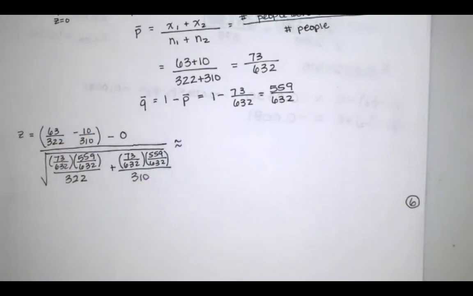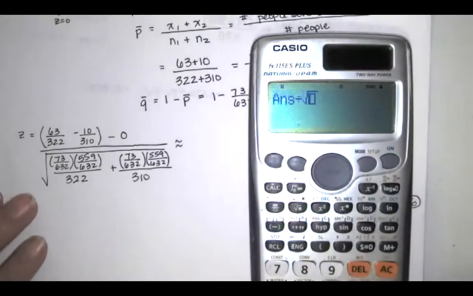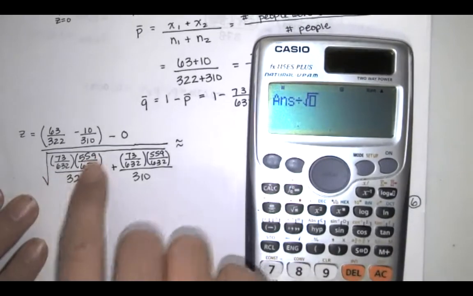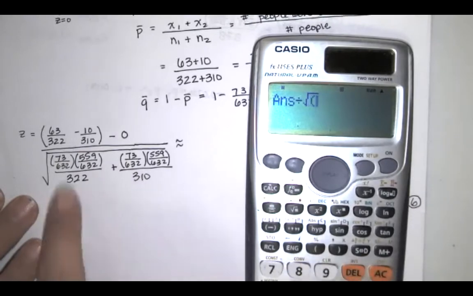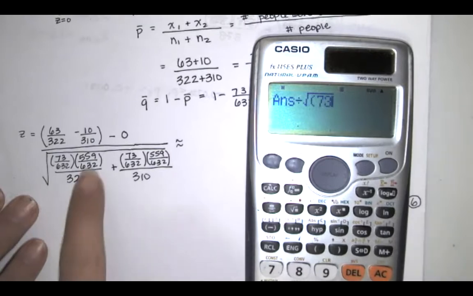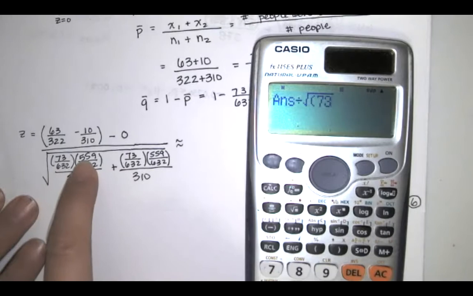Actually, this difference in the numerator turned out to be 233 divided by 1,426. So I've got that as my numerator. And then I'm dividing by the denominator, which is this square root. So I've got the square root of, open parentheses for this first expression, 73 over 632 times 559 over 632.